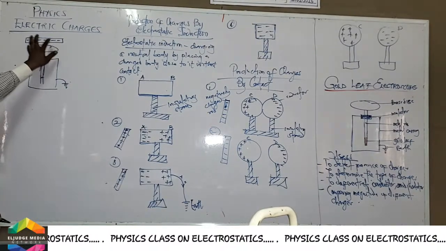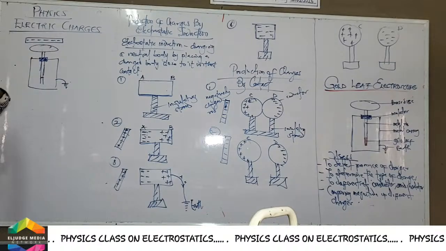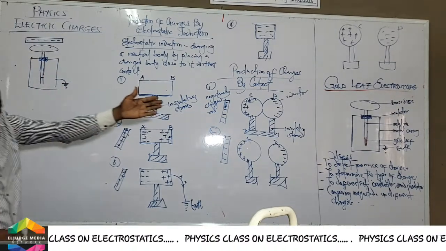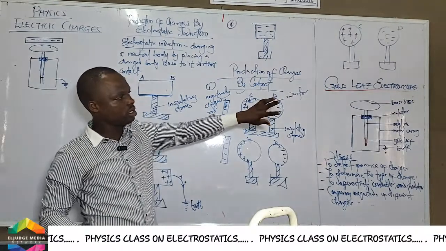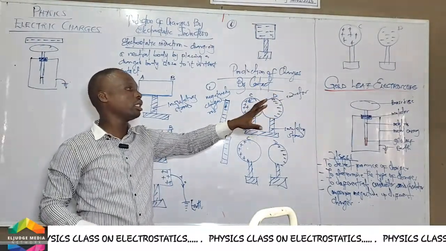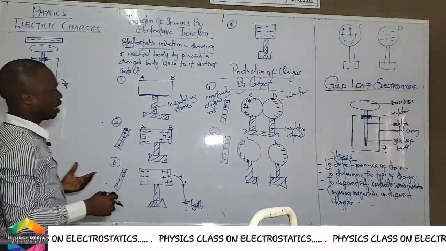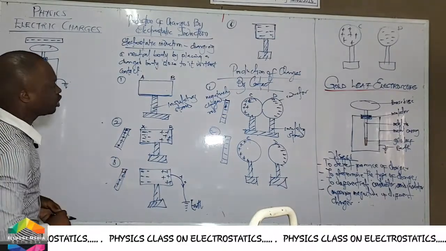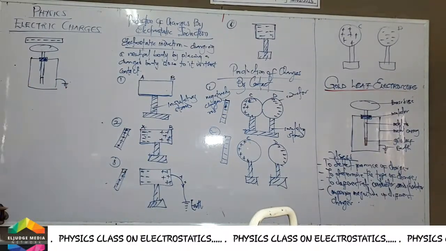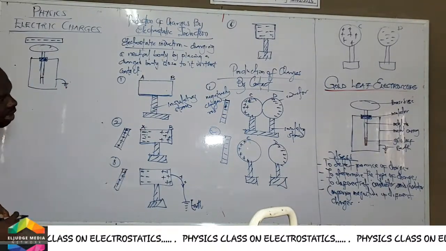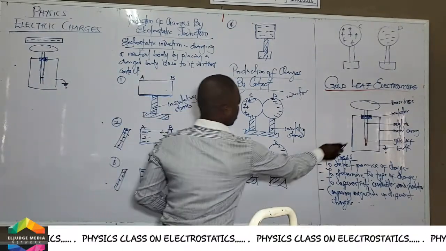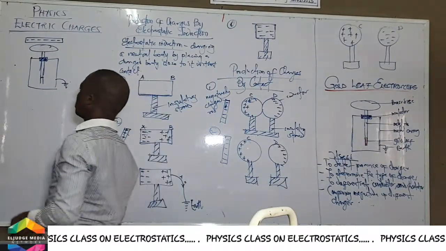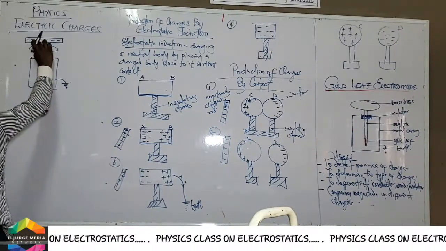When you bring the negatively charged rod close to this, it is not having contact, unlike the first case I explained, where you rub the charged rod on the brass disc to conduct the charge throughout the whole brass disc, the metal rod that is here, and the gold leaf. But in this case, you are only bringing it close.